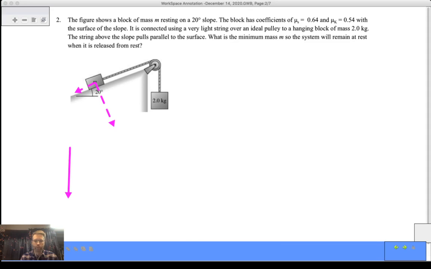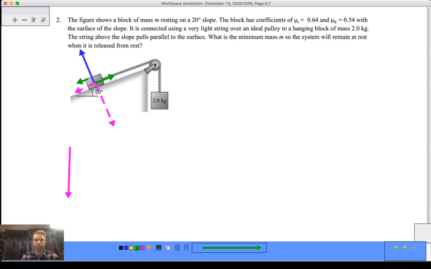I know that as a result we also have a normal force, and that normal force balances this into force, so those two are going to match. Of course, the goal is that we want it to remain at rest, so that means the tension pulling back up ideally would be the same as the down-the-hill force, but we also have the possibility of friction in here, and if this thing is going to start trying to move up the hill, we could also have a friction force down the hill.